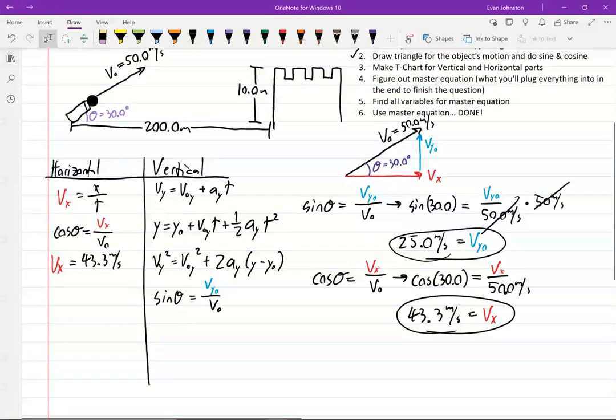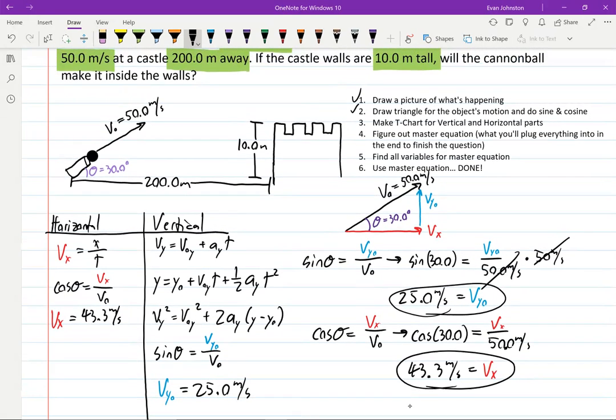But we also know what that initial y is, and that's going to be really crucial for us. Then we're going to get to see how we even do the problem, because all we've been doing is blindly following the steps. So we've made the T chart for the vertical and horizontal components. Excellent.